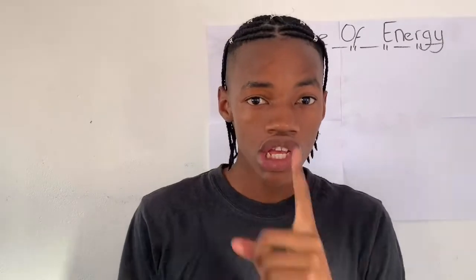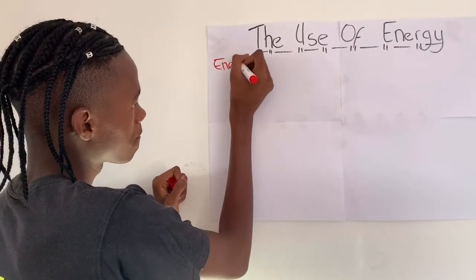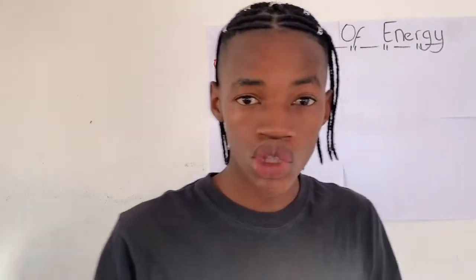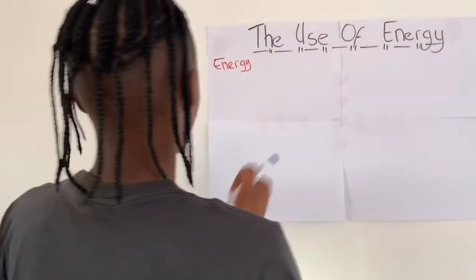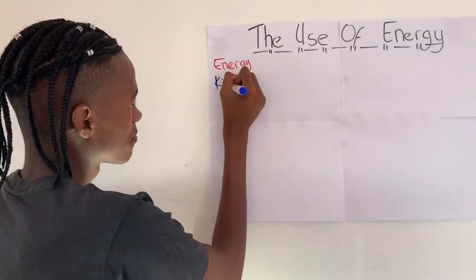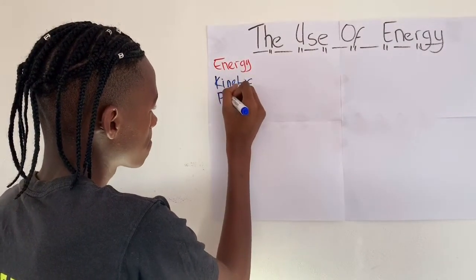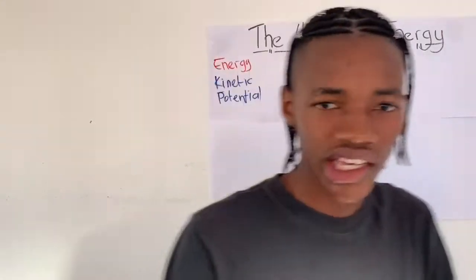Let us say we have energy, which is the ability to do work. And then energy is broken down into kinetic energy and potential energy.